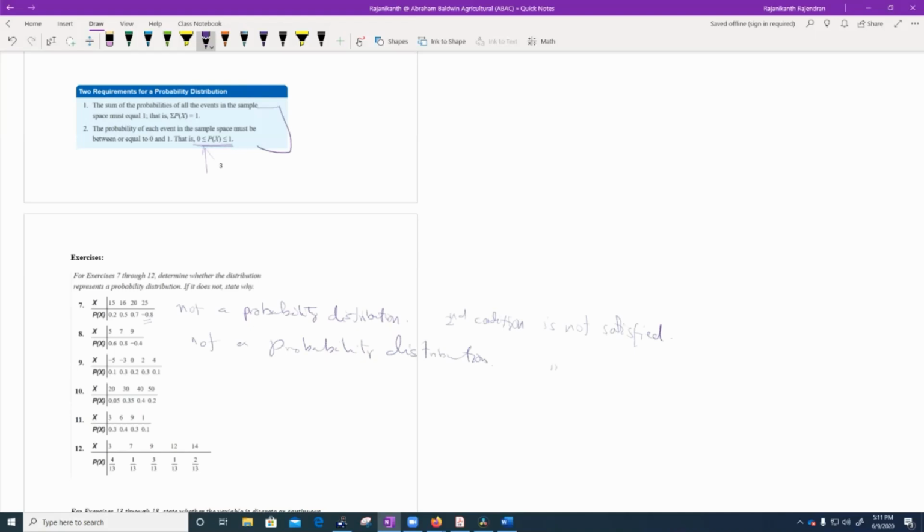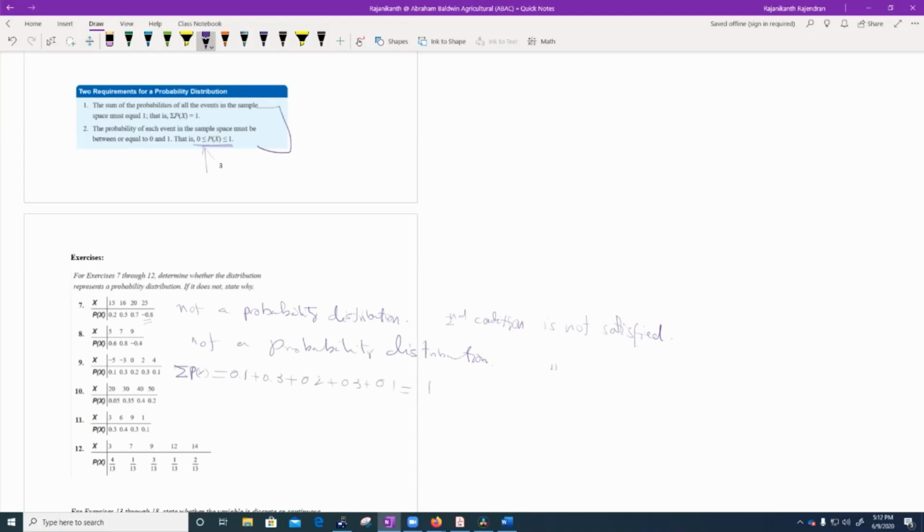The next one, if you look, all the values are now 0 to 1, that is fine. But look at the first condition. When you add all, it should give 1. So check: 0.1 plus 0.3 is 0.4, 0.4 plus 0.2 is 0.6, and 0.6 plus 0.3 is 0.9, plus 0.1, this is 1, right? So the summation of all the values, 0.1 plus 0.3 plus 0.2 plus 0.3 plus 0.1, is adding up to 1.